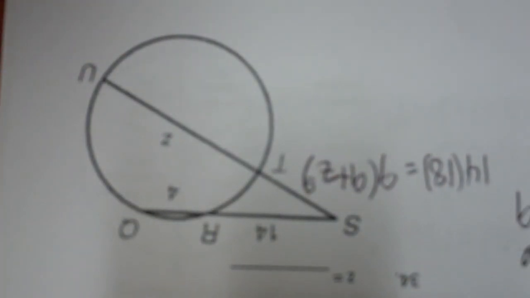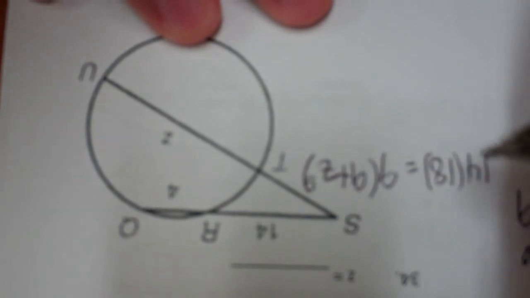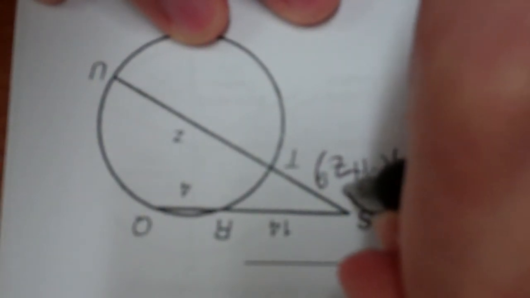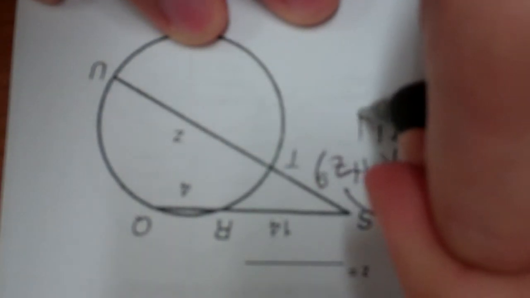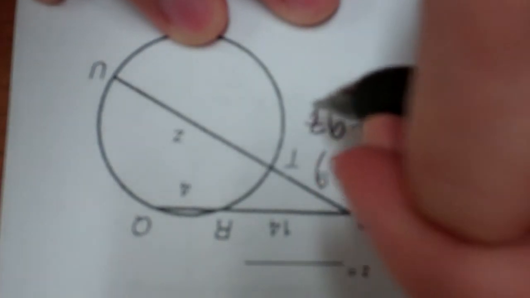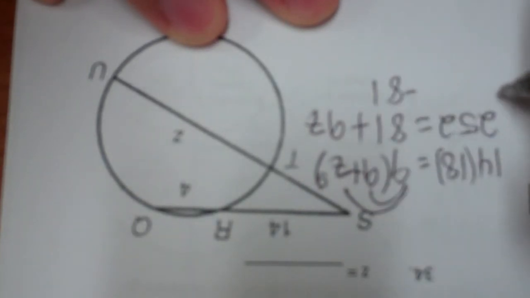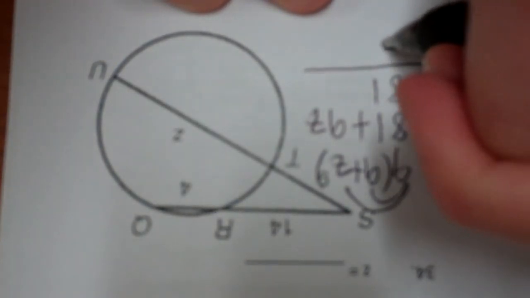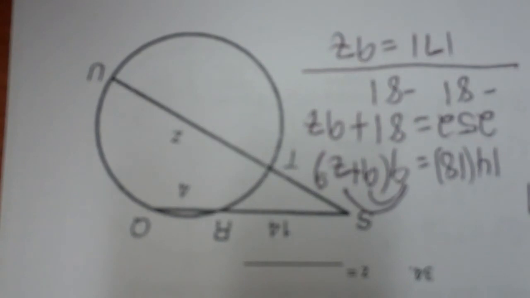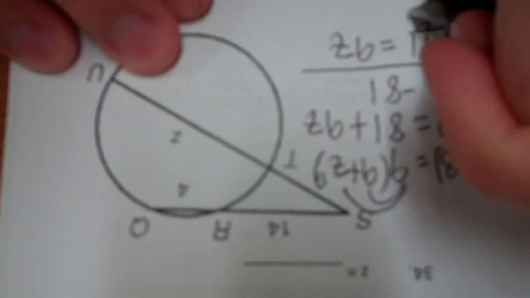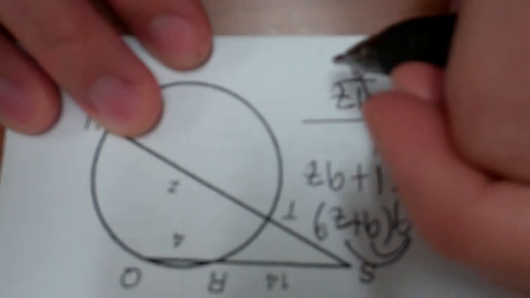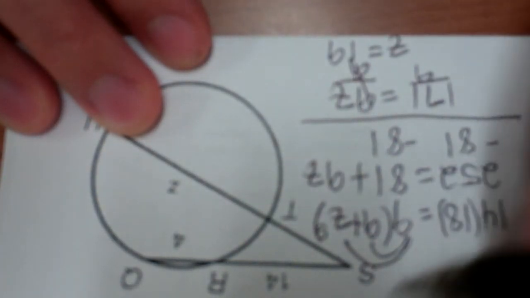So 14 times 18 is 252. And that's going to equal what we distribute here, 81 plus 9z. Subtract 81 from each side. So that's 171 equals 9z. And then we're going to divide each side by 9. So z is going to equal 19.